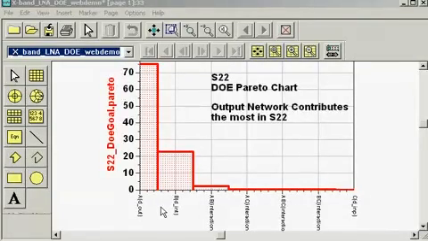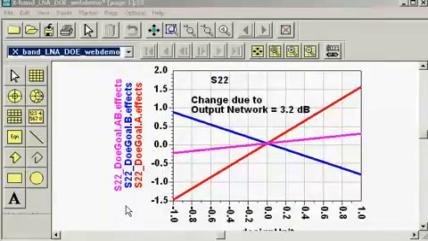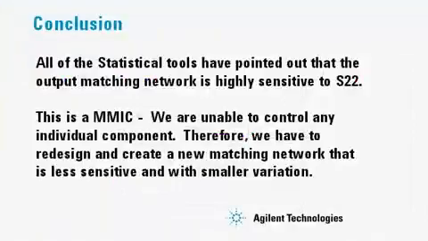Does it account for half a dB variation, or 10 dB of variation, or whatever? Let's find out. The main effect and interaction plot here gives us the answer. What is shown in red is the variability of S22 due to the output matching network, and it is 3.2 dB. This is high and could account for the low yield that we got when we did the yield analysis.